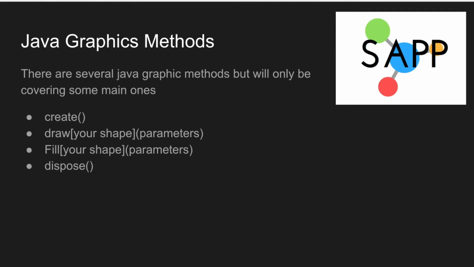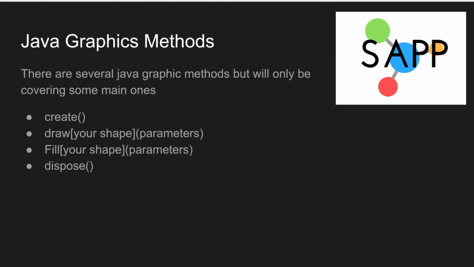Pretend I chose oval, it's drawOval, and the parameters would be like height, width, etc. The draw method draws the outline of the shape based on the parameters you passed. The fill method is the same thing, but it fills the shape based on the parameters you passed. An example could be fillOval.